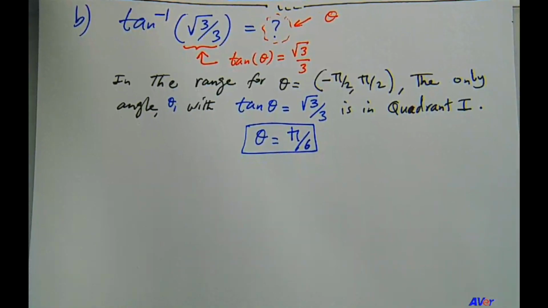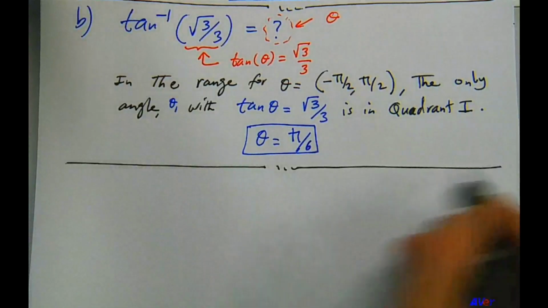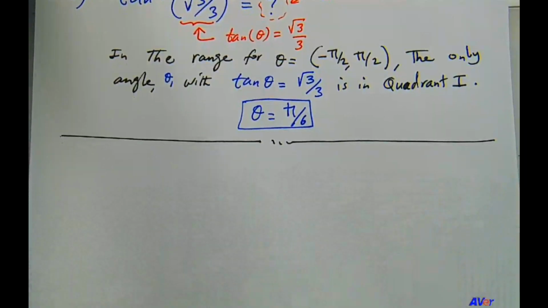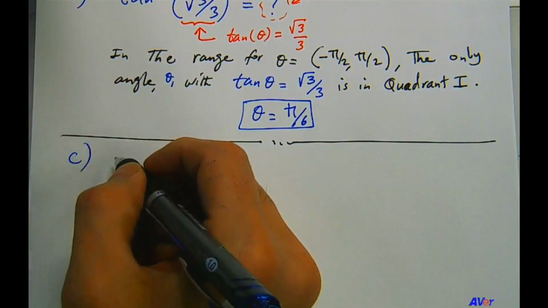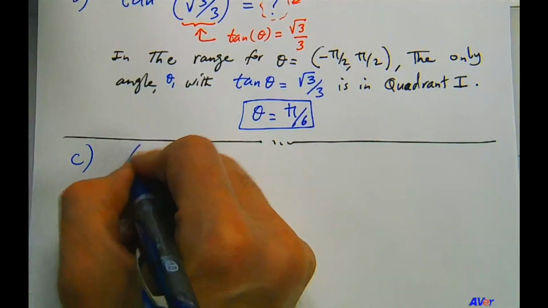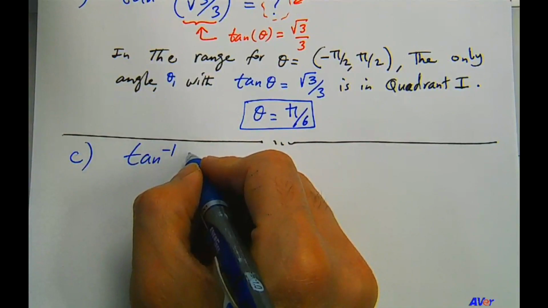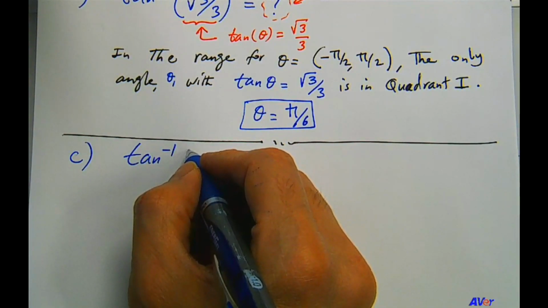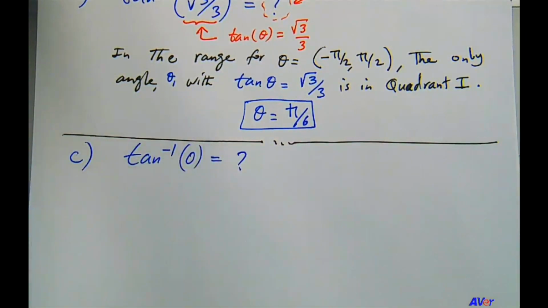Okay, let's do another example. Suppose we want to find the inverse tangent of 0 equals question mark.